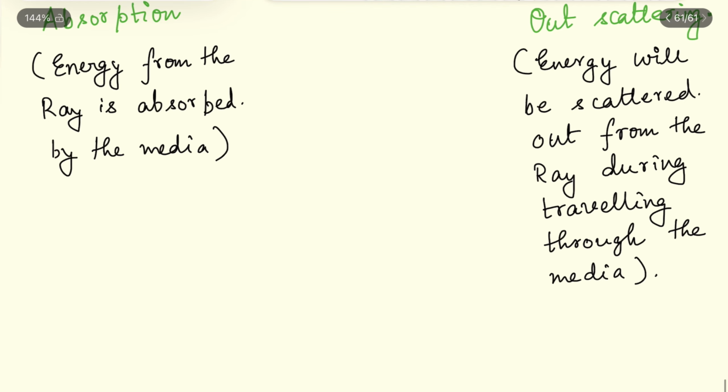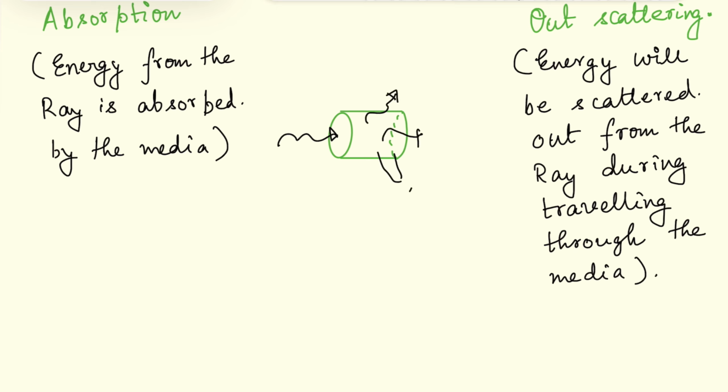Scattering is very random. If this is my control volume and something is going like this, scattering will be like this, so it will go out from the control volume, and what is coming in will be this minus this.